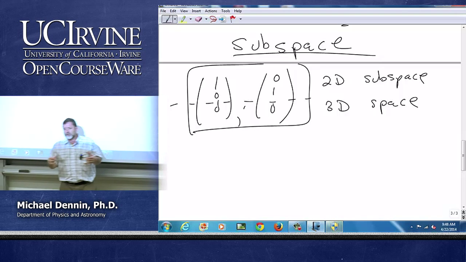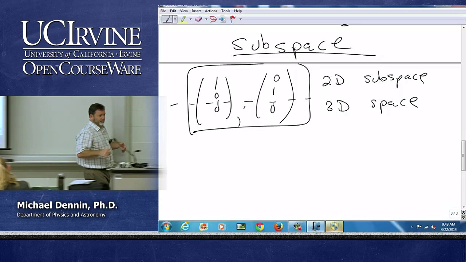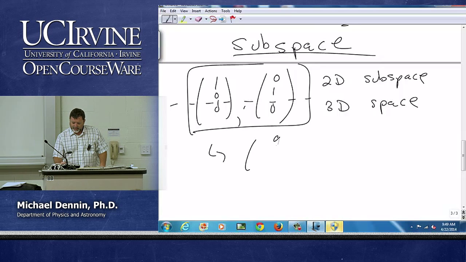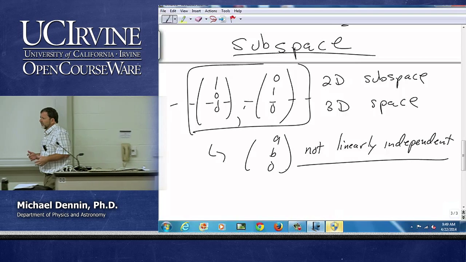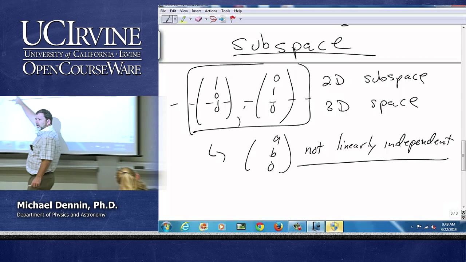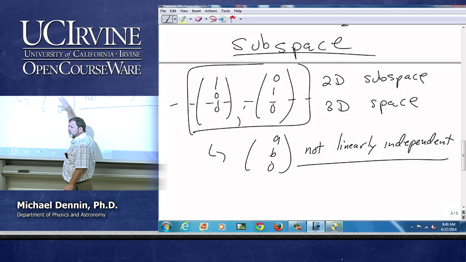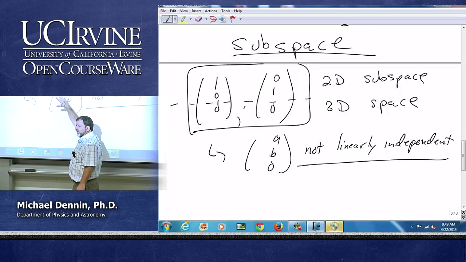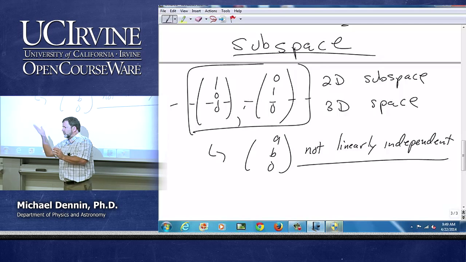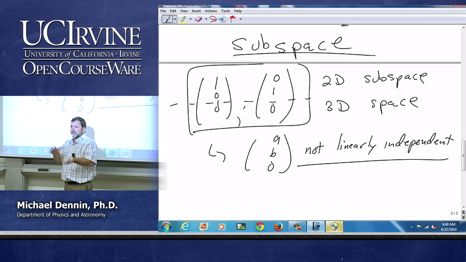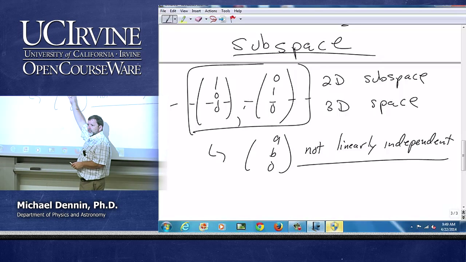If I try and add any other vector with a 0 in the bottom, any a, b, 0, it will not be linearly independent. So that's an obvious, trivial case, because you can just look at the components and see that it was a 2D subspace. Sometimes it's more subtle. There might be a 2D subspace that's a plane sitting through all three of your axes, and you might have two vectors that span another 2D subspace. Any plane in 3D space is by definition a 2D subspace, and they're not all as trivially obvious.